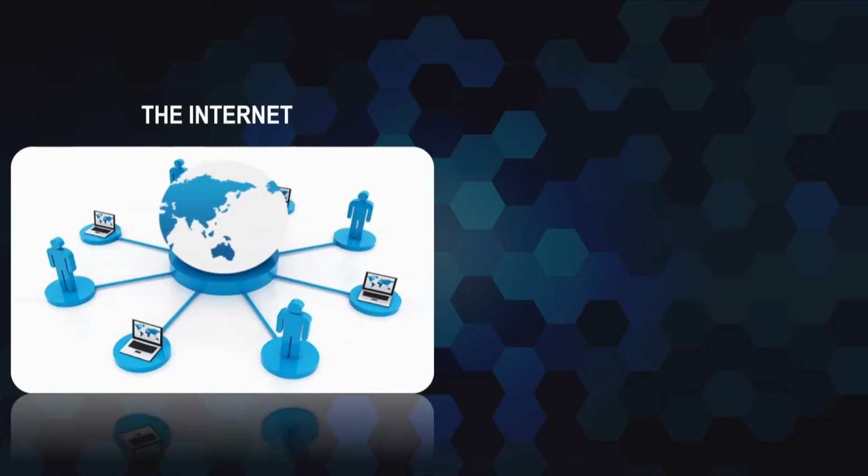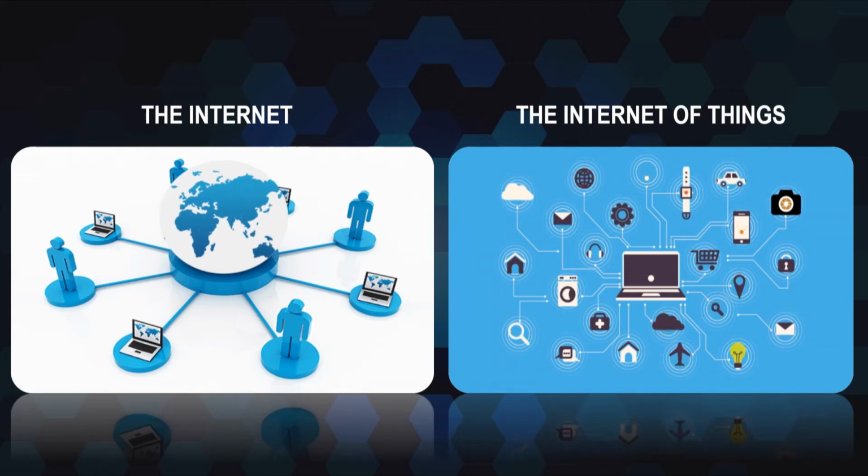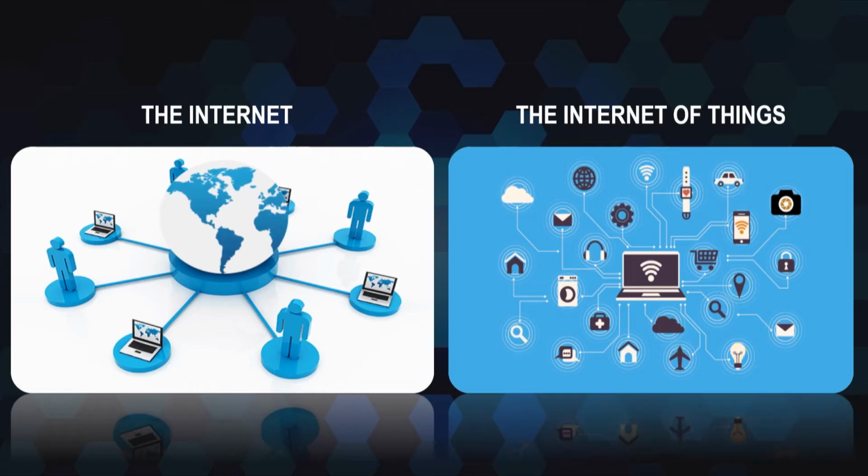Now, if we say what is Internet? Internet is basically the connectivity between two desktops or a number of desktops or laptops or any other display items. But the Internet of Things is basically the connection of all the things or objects in the physical world.